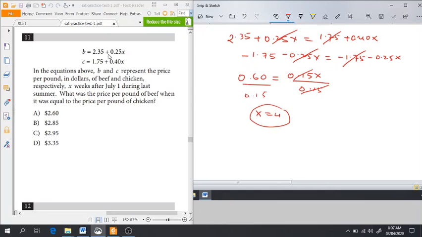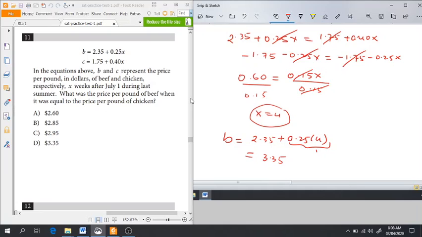Now substitute this value of x back into the original equation of B equals 2.35 plus 0.25 times 4. 0.25 times 4 equals 1, so 2.35 plus 1 is going to be 3.35.